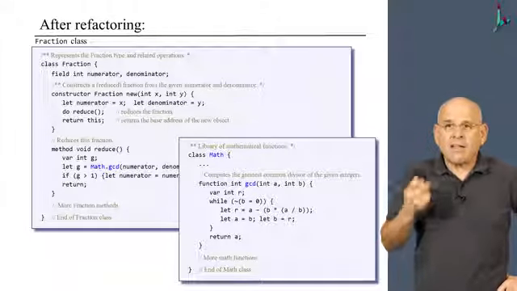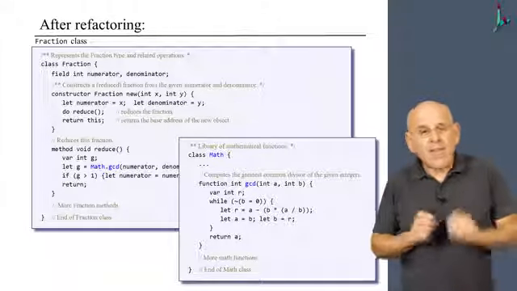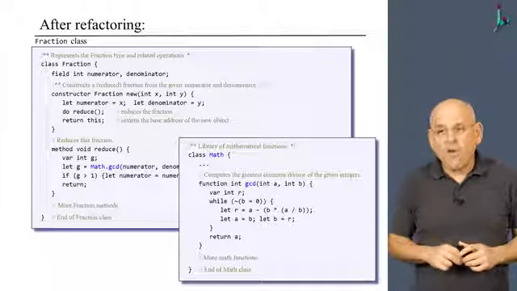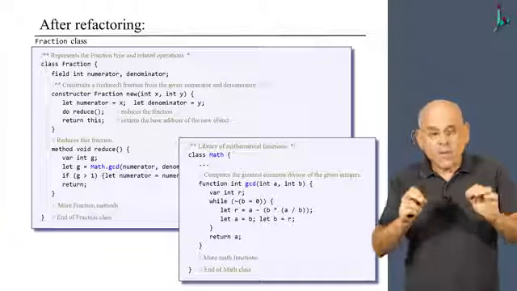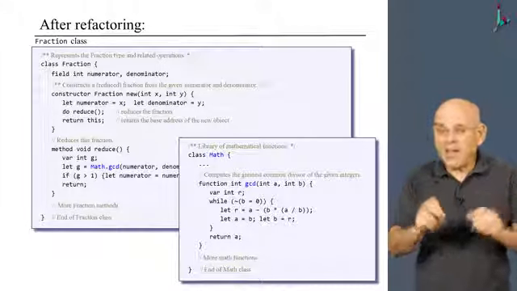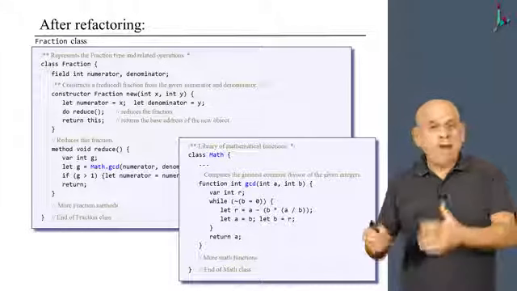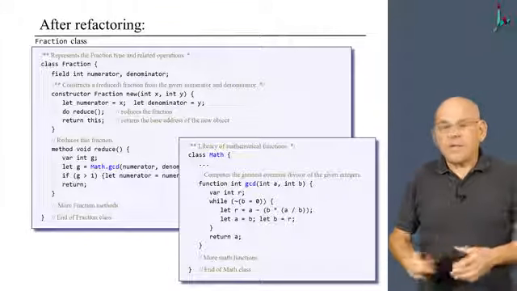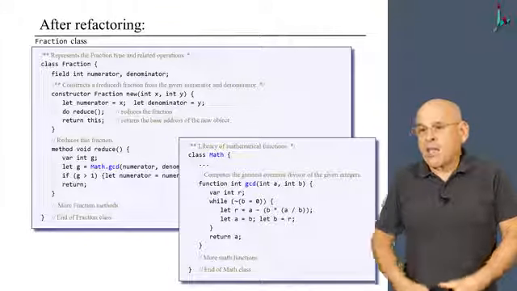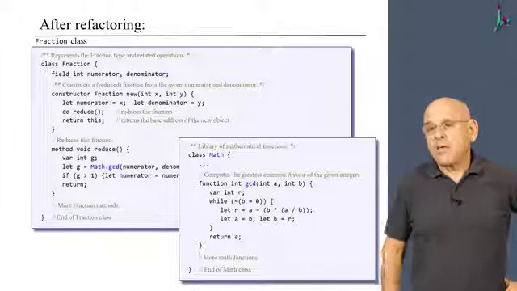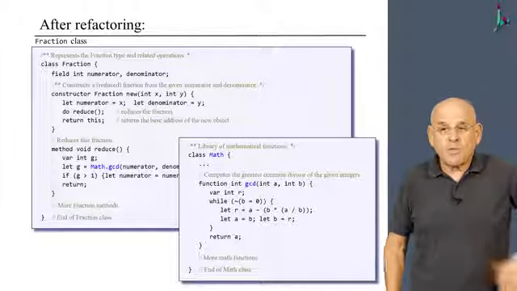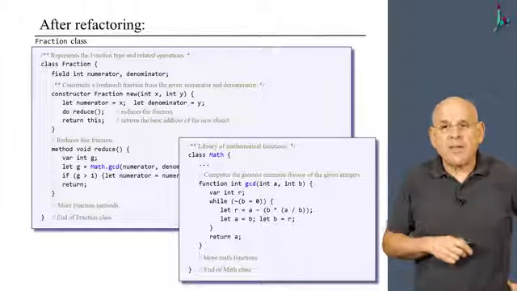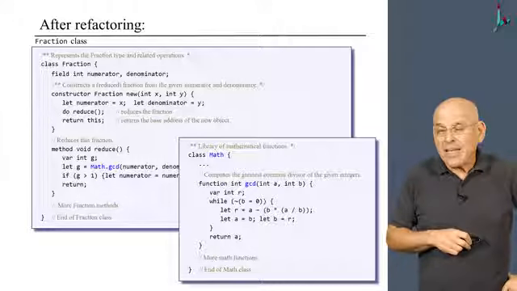One of them is that the fraction class will be tighter and more focused, more to the point. It will deal only with fractions and nothing else. And the math class is now extended with additional functionality, and now many other clients can use the GCD function, which before was buried within this fraction class.